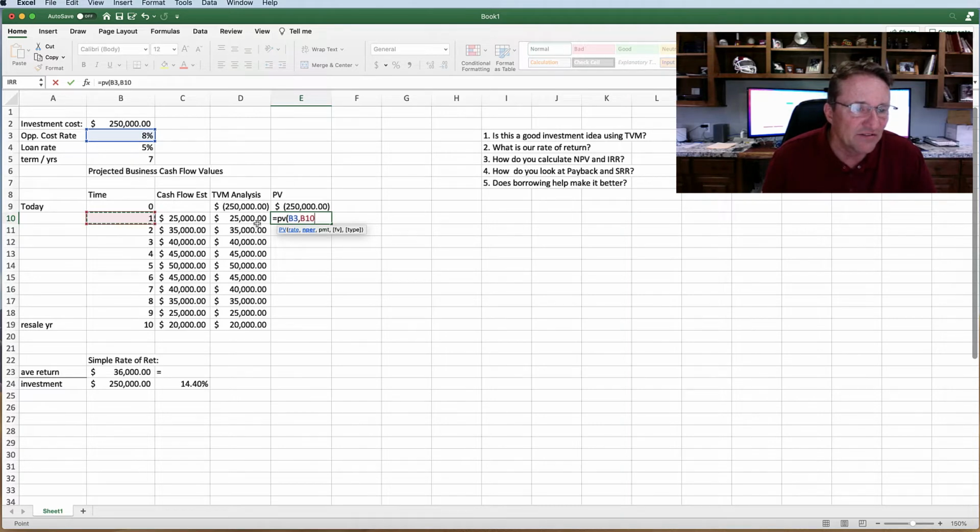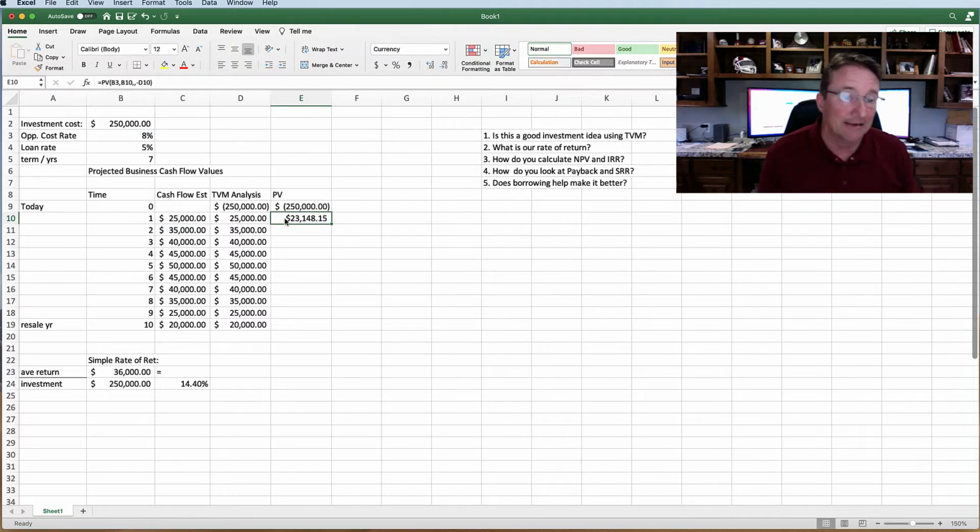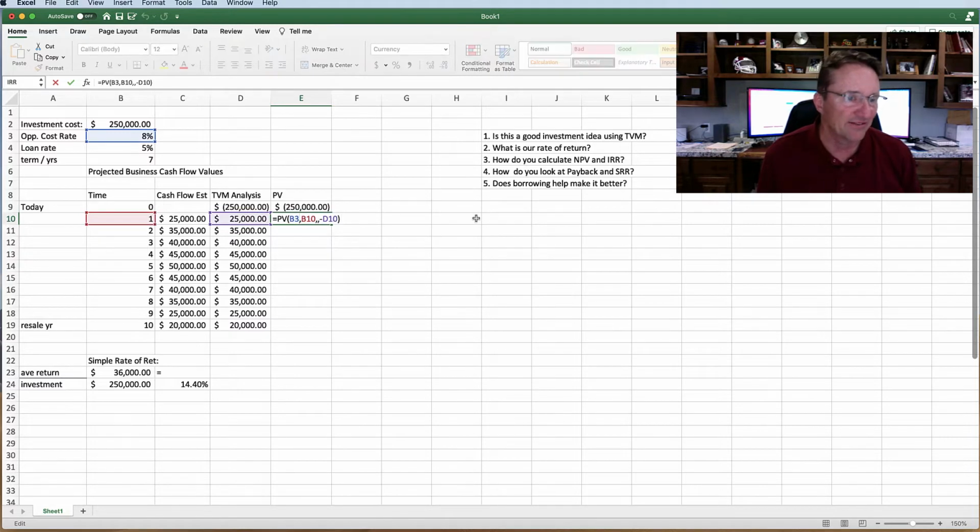Well, in this case, this is one period back. And then comma, one more comma, the future value. So remember, we put a negative in front of that. And that future value is 25,000. If I hit enter, that means that if I've got to wait a year to get 25,000, that's really worth 23,000 today.